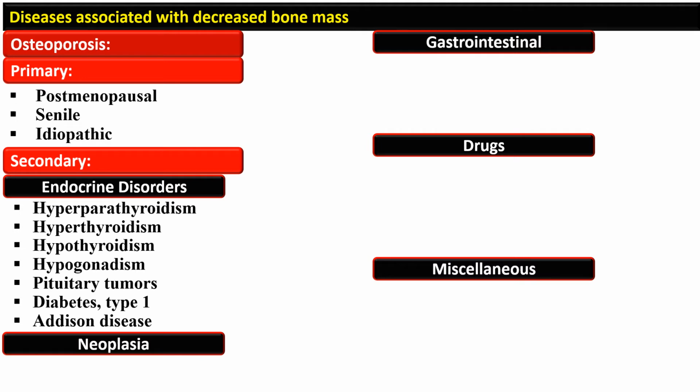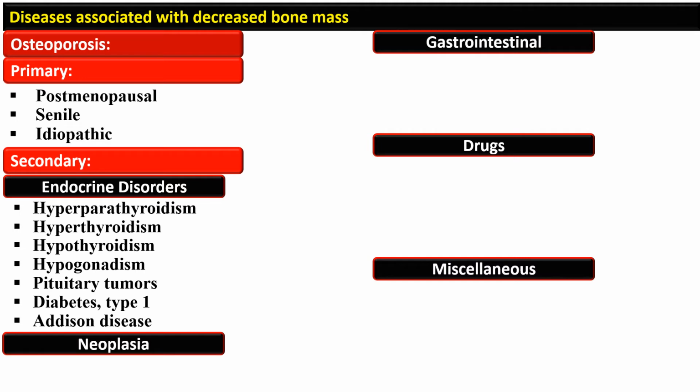In hyperparathyroidism, parathyroid hormone induces osteoclast recruitment and its activity, while hyperthyroidism induces osteoclastic activity and the turnover of the bone is increased. It is, however, associated with limited bone loss.